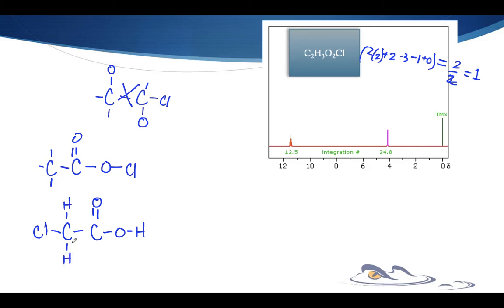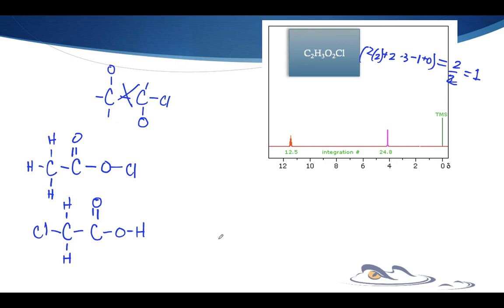I've thought of one way that everything could be bonded together properly, which was with this ester-looking configuration, and another way here, where I have a carboxylic acid with this chlorine bonded to it.